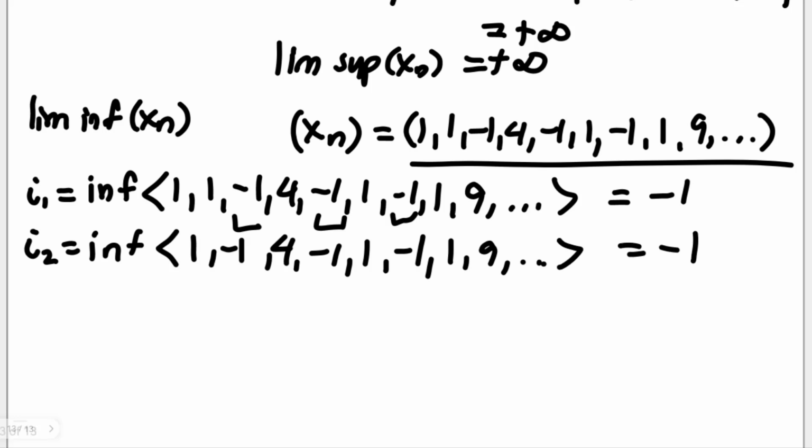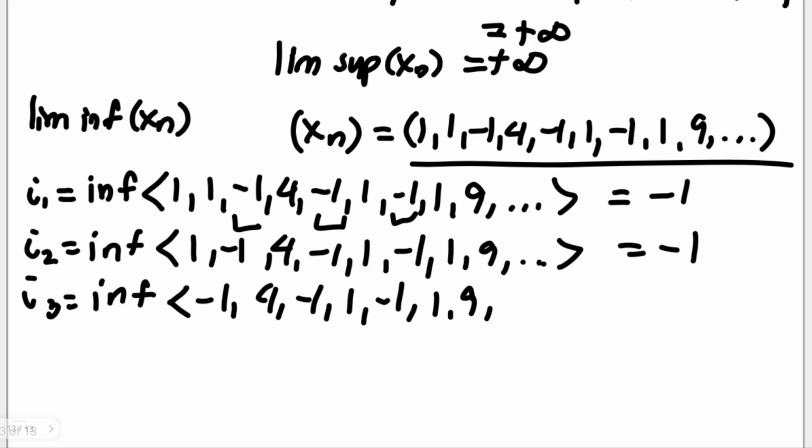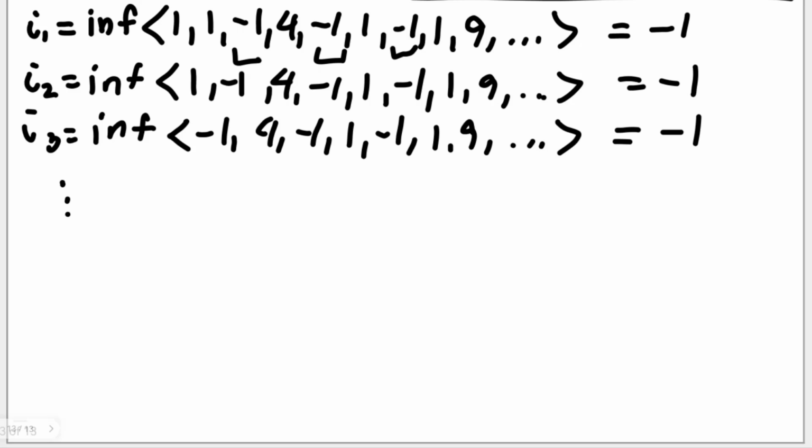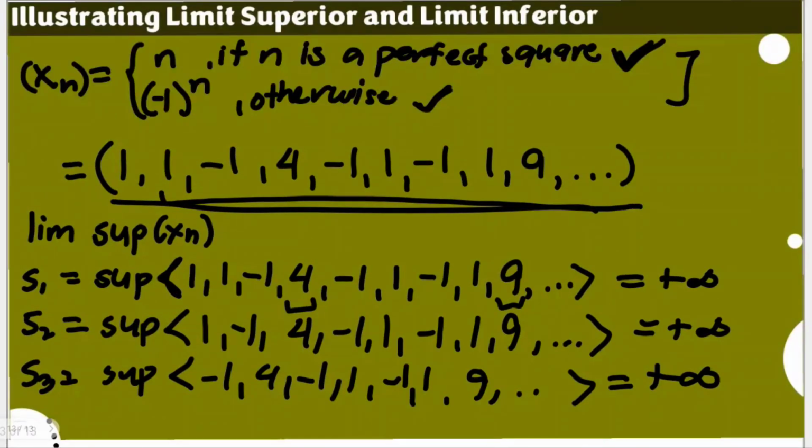For the third, we'll have negative 1, 4, negative 1, 1, negative 1, 1, and then 9, and so on. It's still negative 1. Even if you're going to reach your I sub 4, the infimum is still negative 1, because negative 1 appears to be the lowest value, and in this case the greatest lower bound.